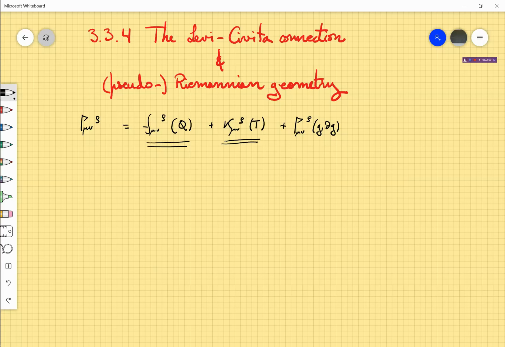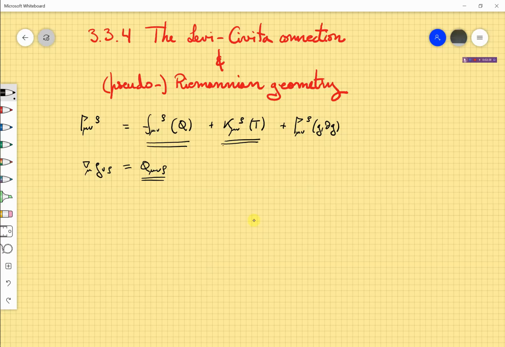So what is Q? Q is the non-metricity tensor, and it is defined as the covariant derivative of the metric. And this F mu nu rho is some construction in which you have to raise indices and permute indices, but it is built out of Q. This piece F has no specific name.